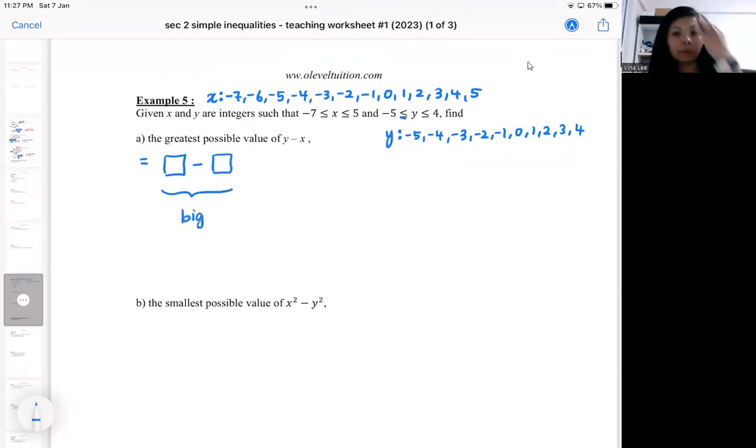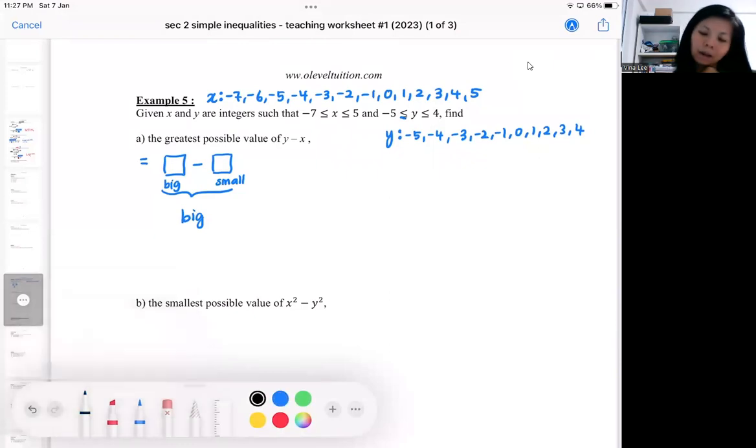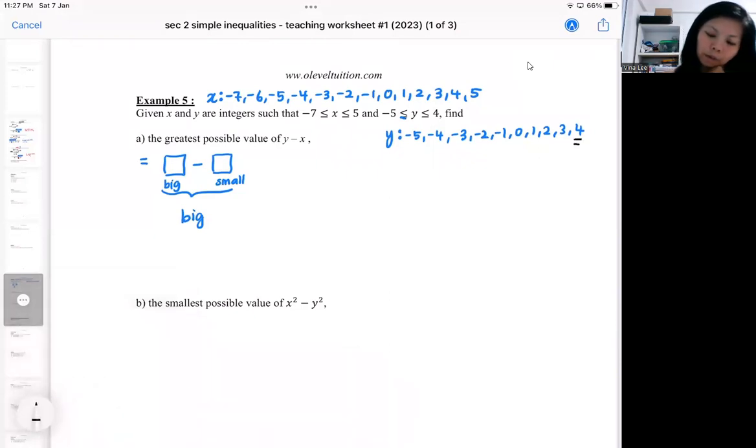So we're going to use some common sense. If you want the biggest difference, this one has to be as big as possible and this one has to be as small as possible. So you got to choose the biggest y that you can have. The biggest y that I can have will be a 4.